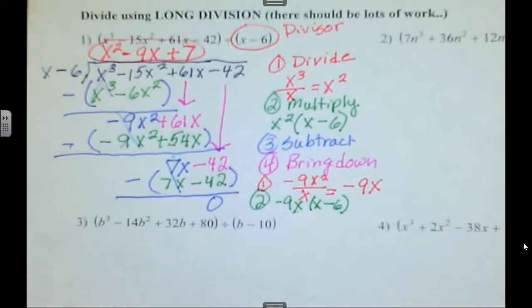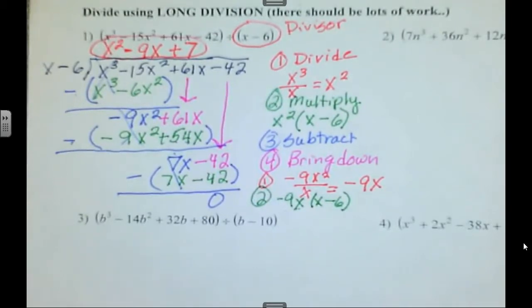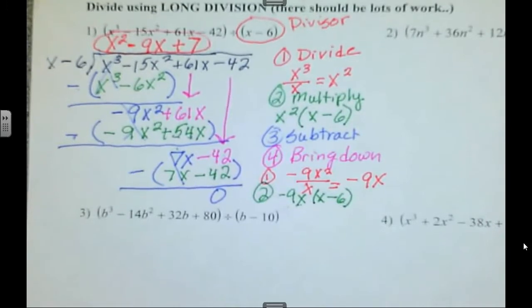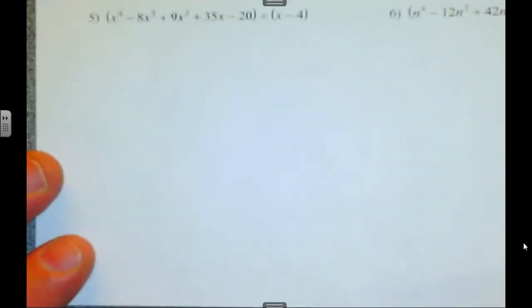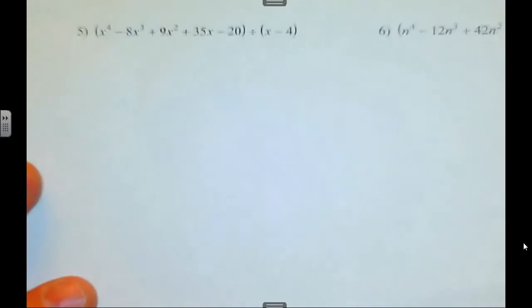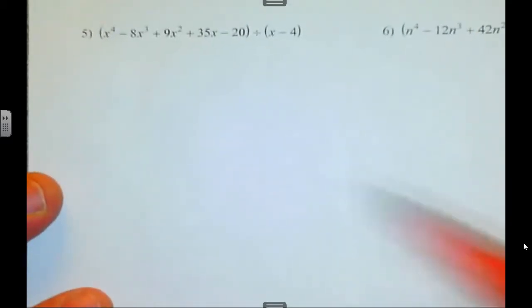Let's do another one. Let's do a harder one. Should we do an x to the 4th? Let's do number 5. Okay, here's my divisor, x minus 4.